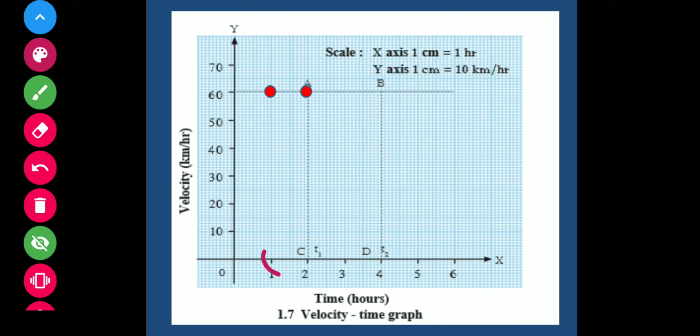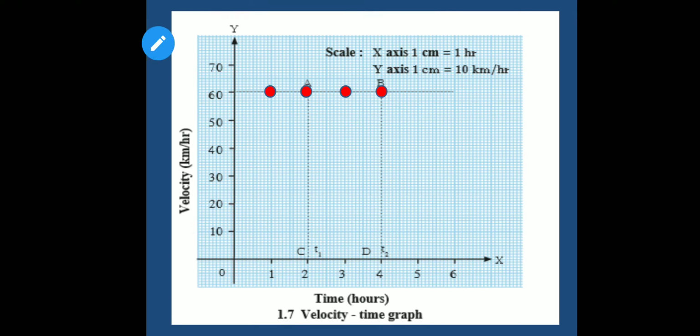see, for the first hour velocity is 60. For the second hour velocity is 60. Now for the third hour velocity is 60. Again next hour velocity is 60. Velocity is not changing.